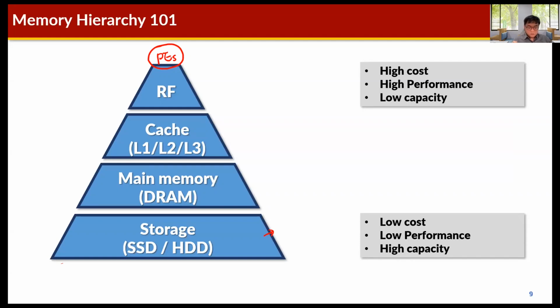Performance is also very low. But high capacity and non-volatility, so persistence, is the reason. So we use these storage systems in order to support the high capacity and the persistence of the data.